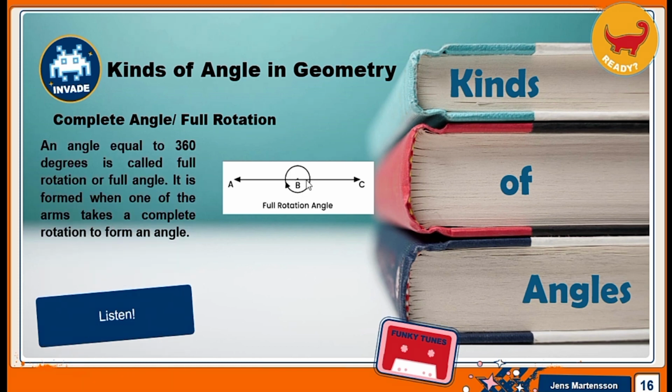And the definition of this one is an angle equal to 360 degrees. Equal to 360 degrees, not greater than, not less than, is called a full rotation or full angle or complete angle. Do you get it? It is formed when one of the arms takes a complete rotation. I hope you learned something about its definition.